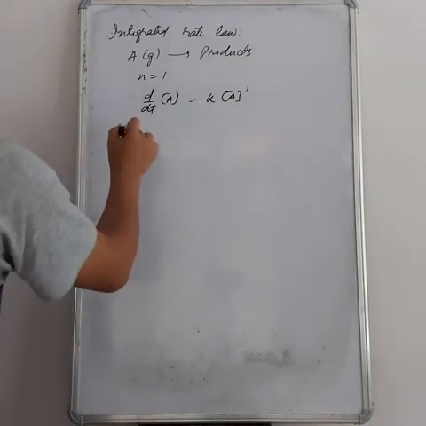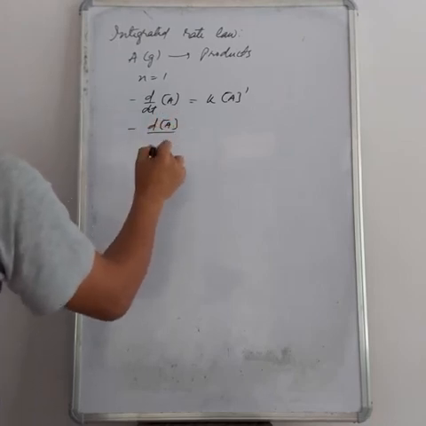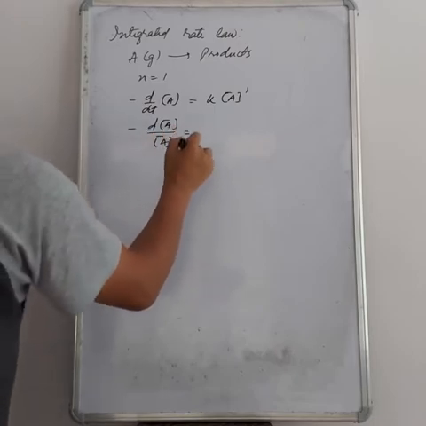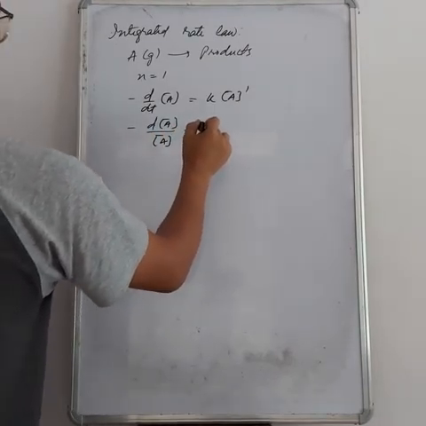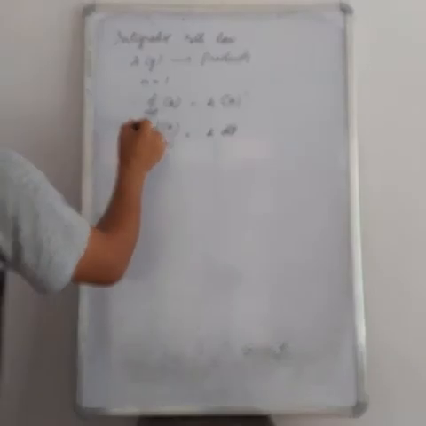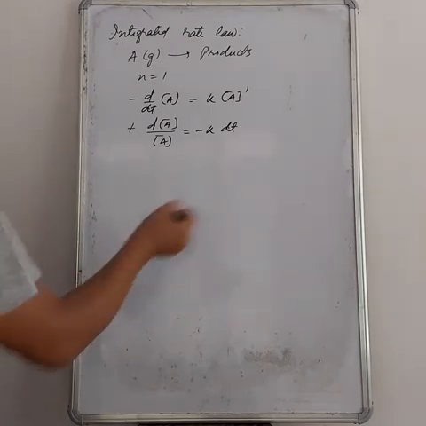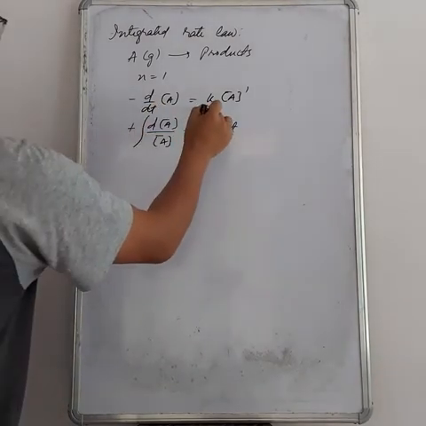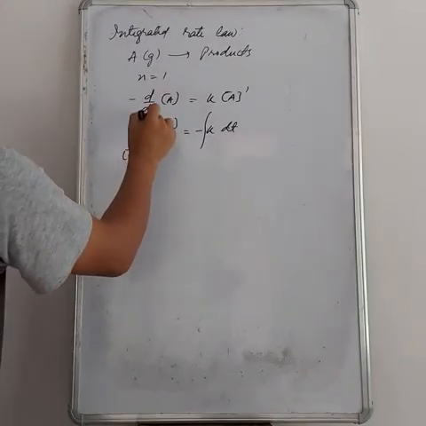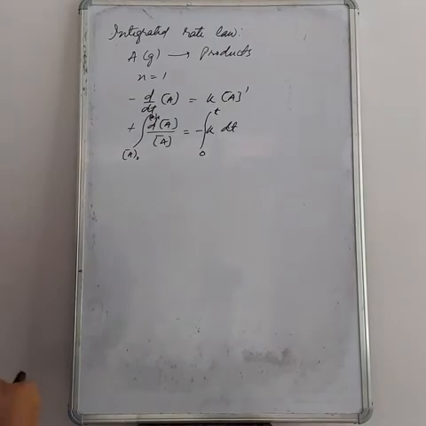So negative dA divided by A is equal to k dt. We'll shift this negative to the other side, and then integrate both sides from the initial to the final concentration, time t, and from 0 to t.